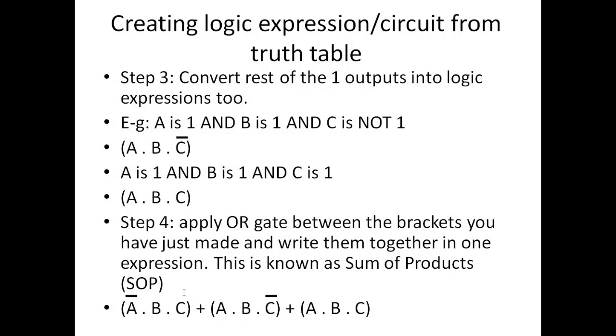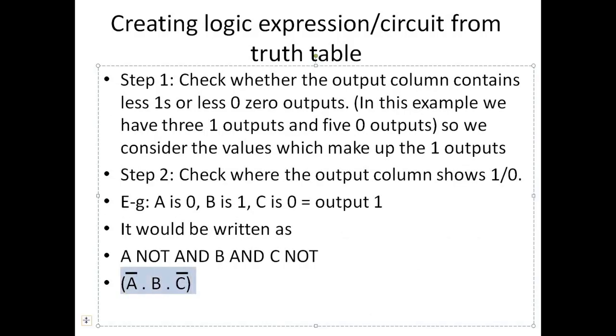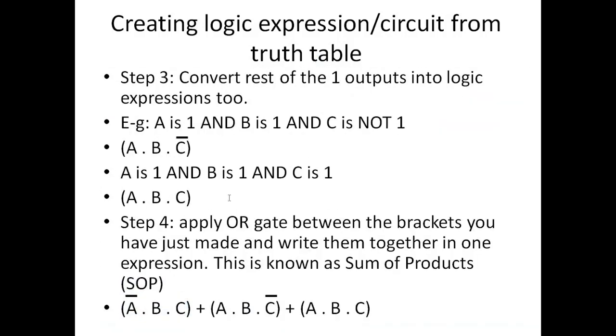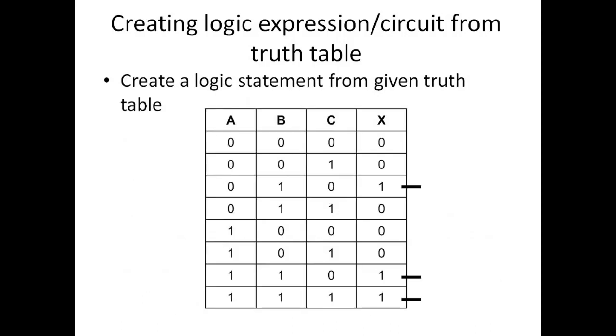Now between the 3 brackets or the 3 logic terms which you have just made, you need to apply an OR gate. This basically means that you are going to get an output of 1 if this condition is there, or this condition is there, or this condition is there.